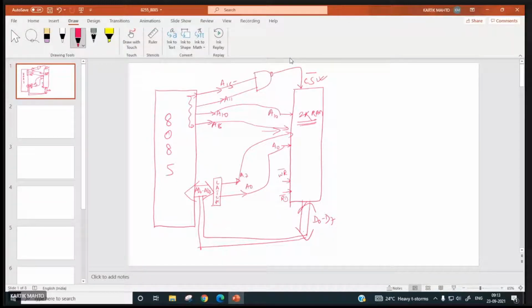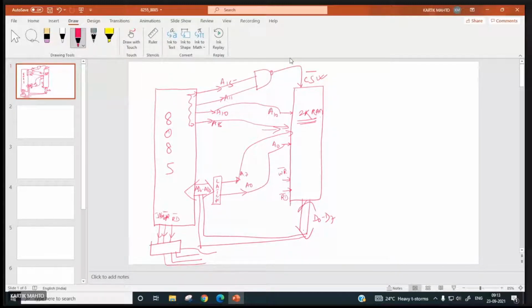Now these read bar and write bar pins will be generated using these three signals: read bar, write bar, and IOM bar. These three signals will come out from the processor, and they will generate 4 lines.